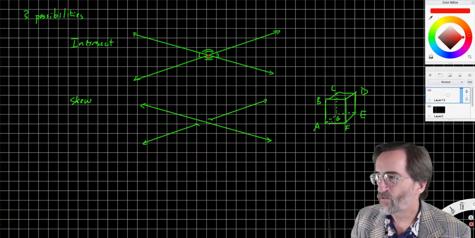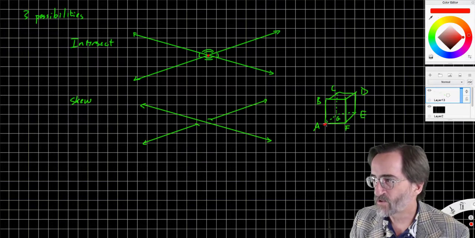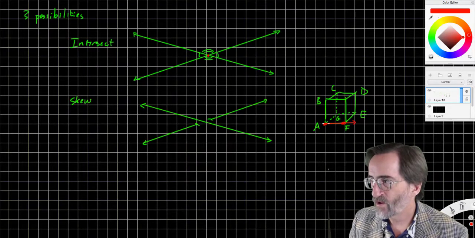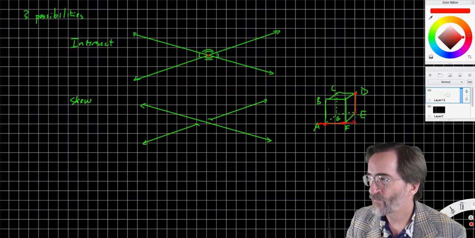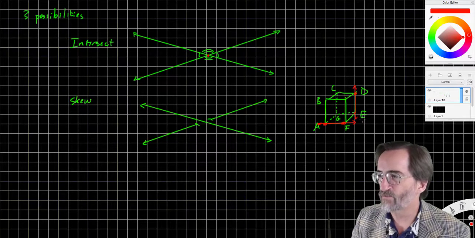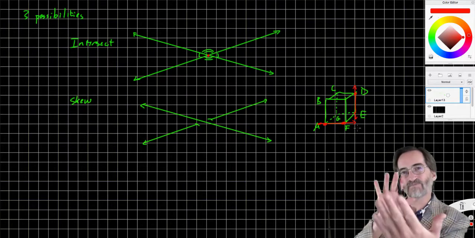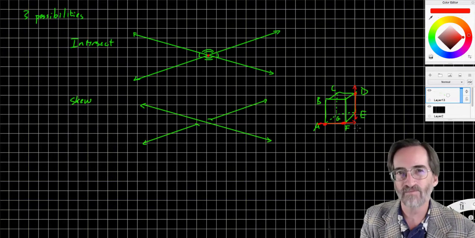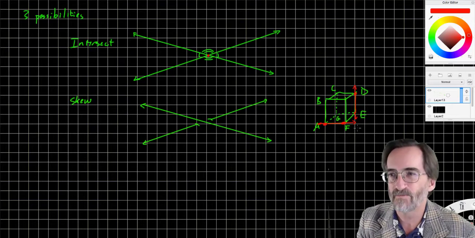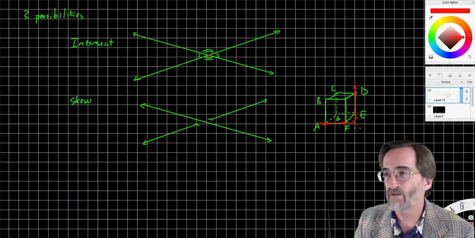If we want skew lines, a good example of a skew line is line AF and line DE. DE is vertical, AF is horizontal, but D and E will not intersect AF because DE is behind AF. So you have to be working in 3 dimensions to talk about skew lines. But that's skew. They don't intersect, but they're also not parallel.